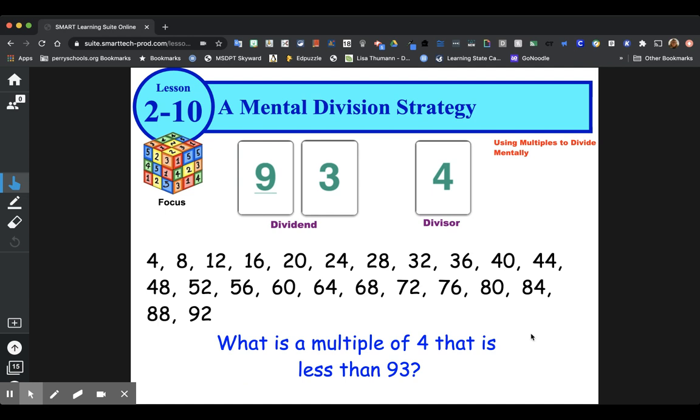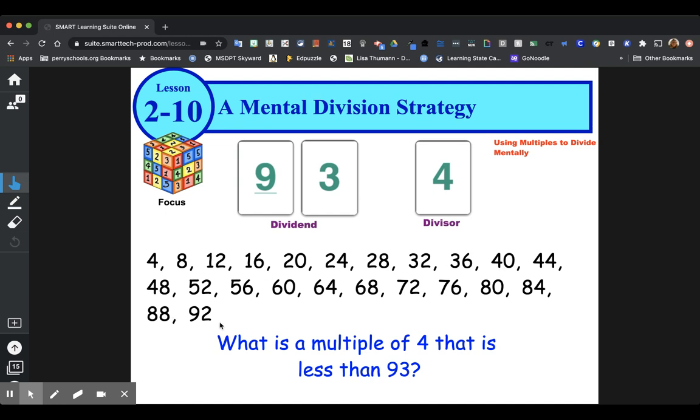So looking at this, we want to know what are the multiples of 4 in order to figure out 93 divided by 4. So you can see I've listed out the multiples all the way up to 92, because I know if I go any further, it's going to get me up to 96, and that'd be too big. So we could say, what are the multiples of 4 less than 93?